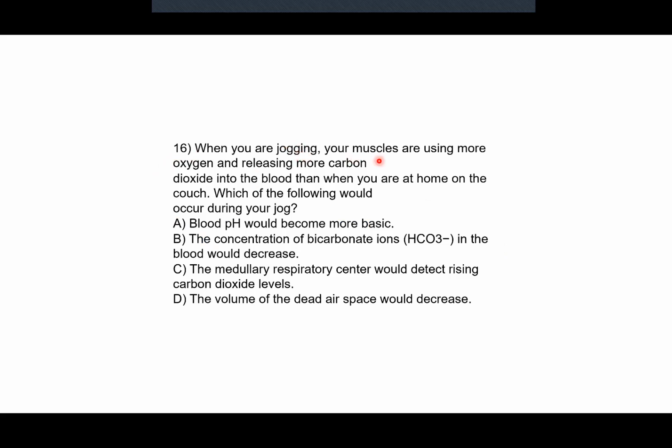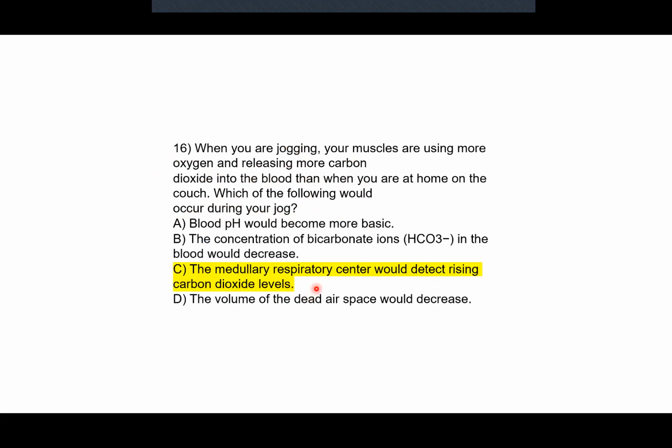16, when you are jogging, your muscles are using more oxygen and releasing more carbon dioxide into the blood than when you are at home on the couch. Which of the following would occur during your jog? C, the medullary respiratory center would detect rising carbon dioxide levels.